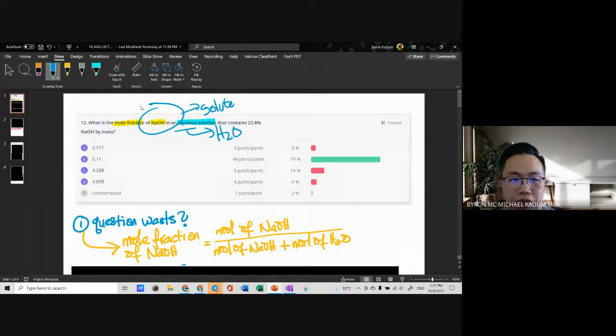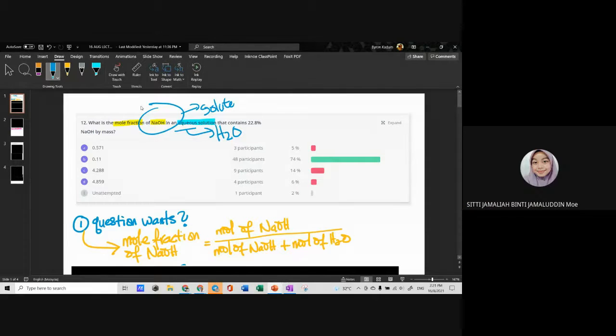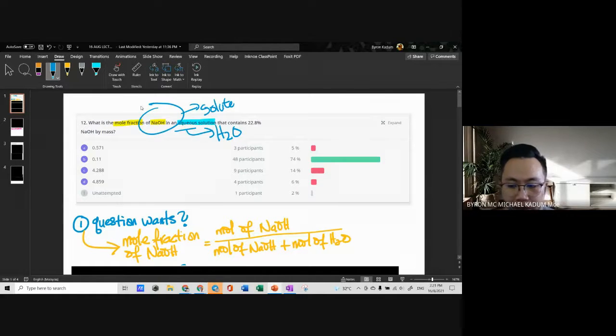Okay. So it's a very good tip. First, list down what the question wants. And you do know that the question wants NaOH. I do believe that some of you might ask me, sir, can I just write mole of solute over total mole of the components and so on?